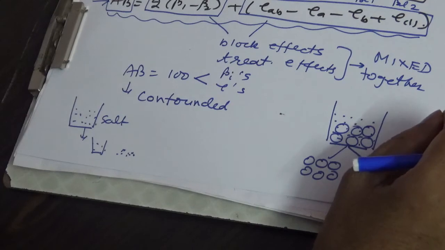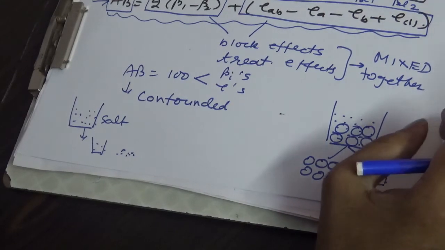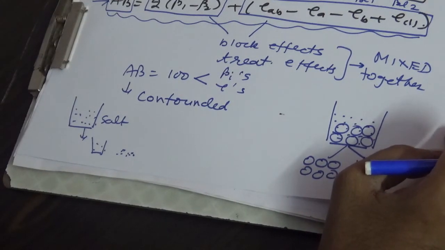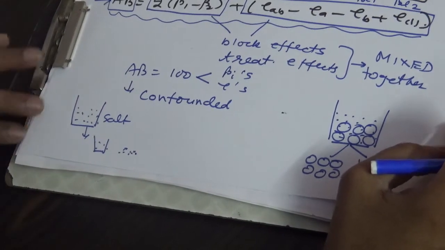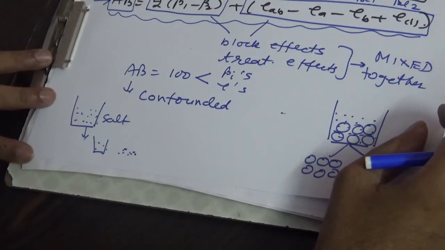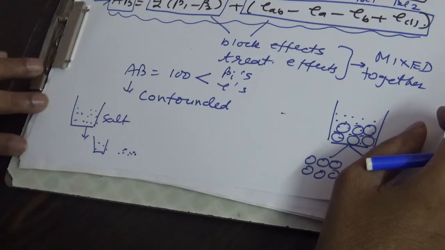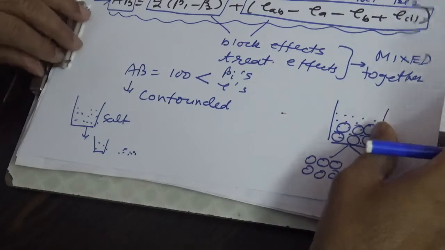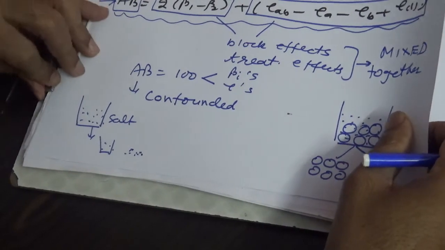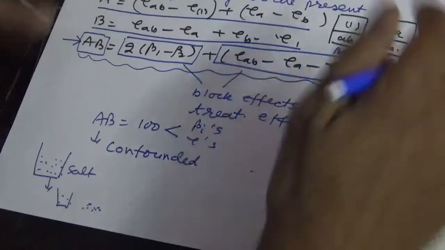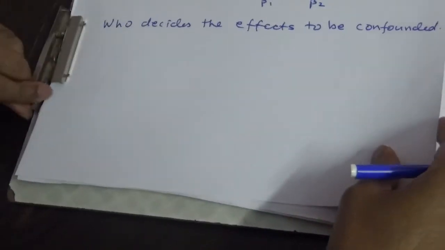When I say an effect is confounded, that means this effect cannot be estimated. I will try to explain this in a couple of minutes. But before I go further, let me show you another block arrangement.